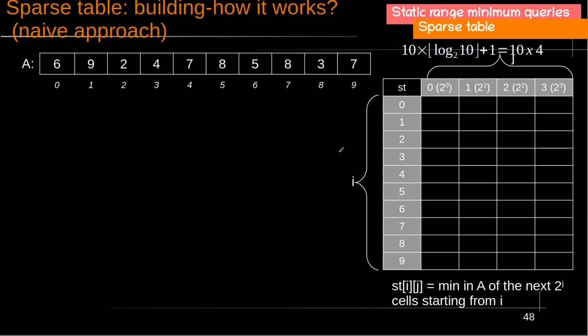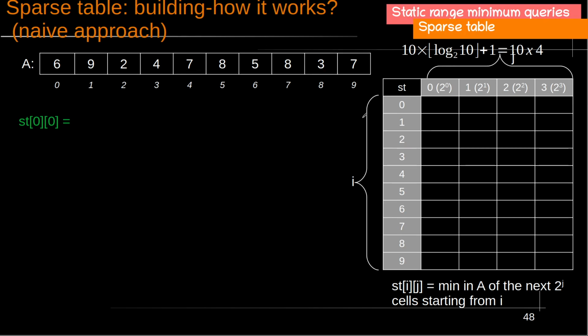Let's see how to build this sparse table. Let's take an example, and at the same time we're going to see the naive approach to build this array. Let's take this array of 10 elements. So the size of the sparse table is 10 times log base 2 of 10 plus 1, which is 10 times 4.